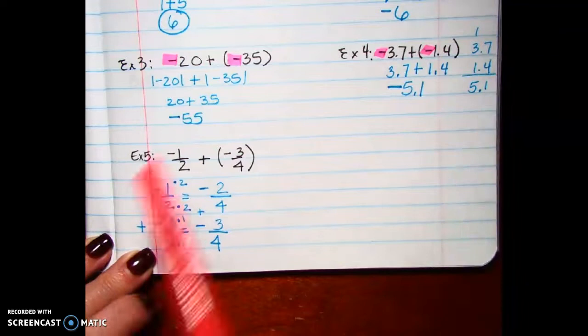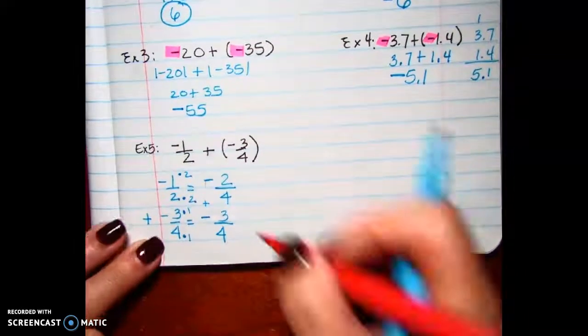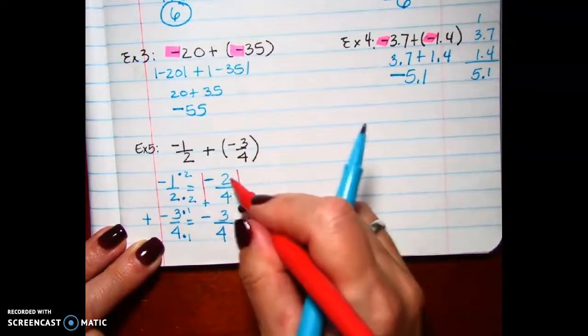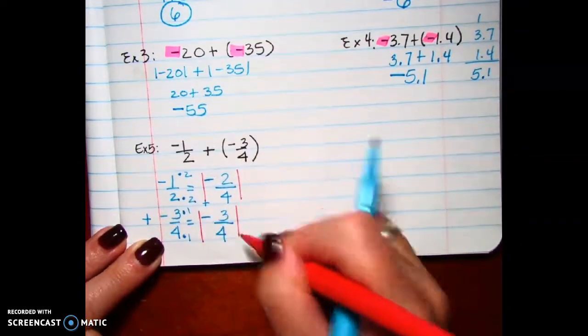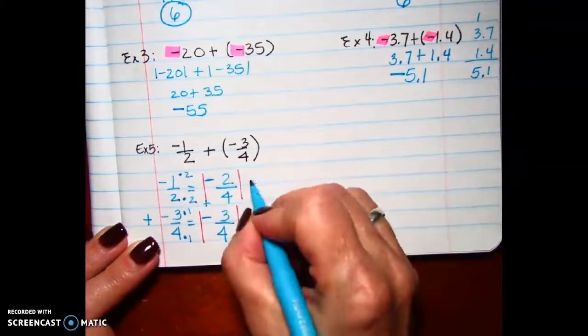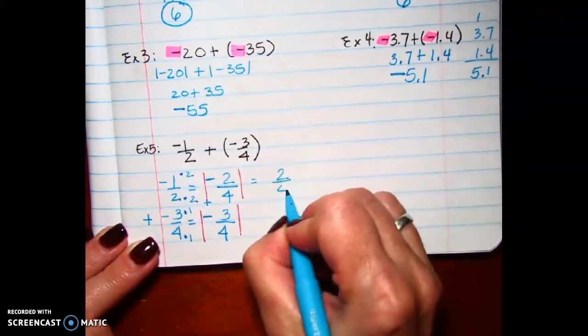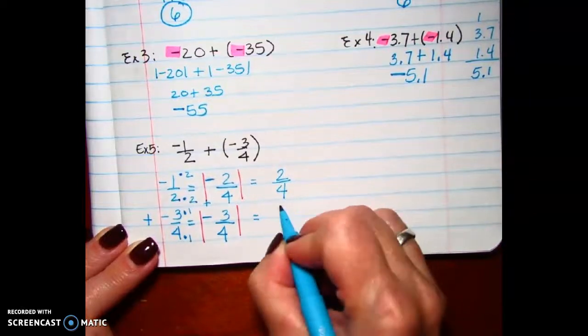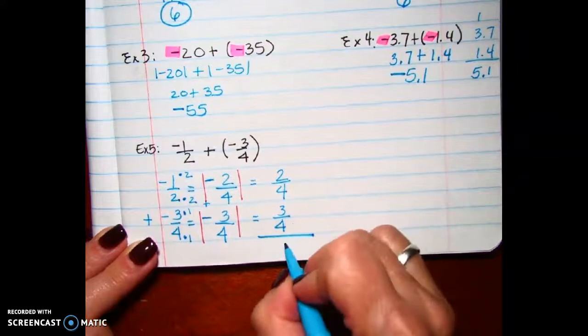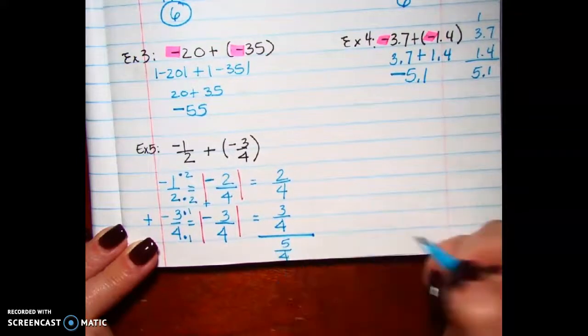Now, that's just what we learned first quarter. Well, now we need to make sure we add the absolute value. So I'm going to take the absolute value of a negative 2/4 and the absolute value of a negative 3/4, and I'm going to just move them over. And when I add those together, I end up with 5/4.